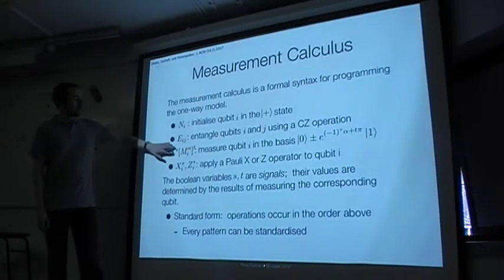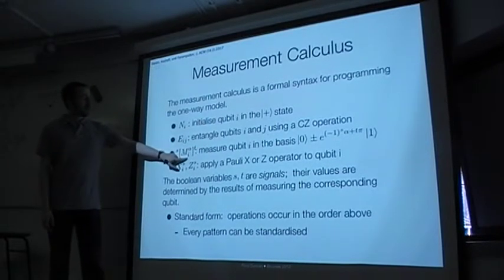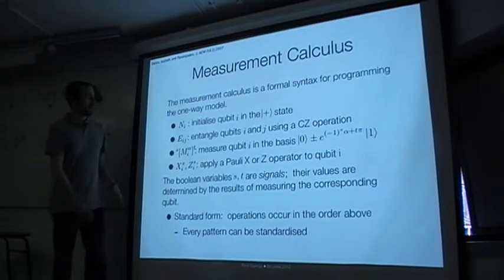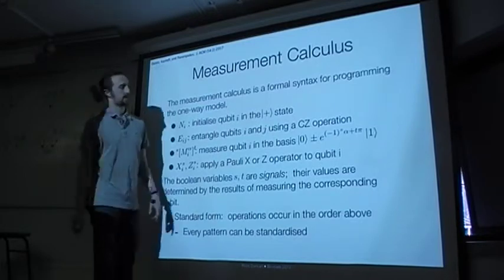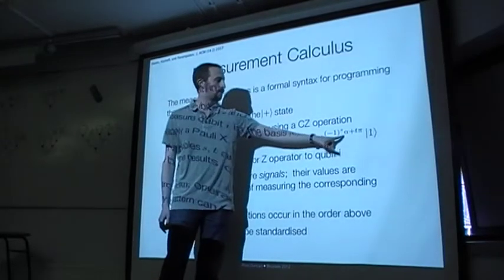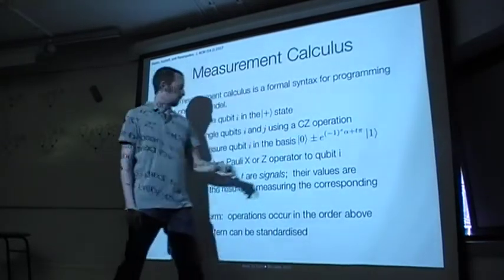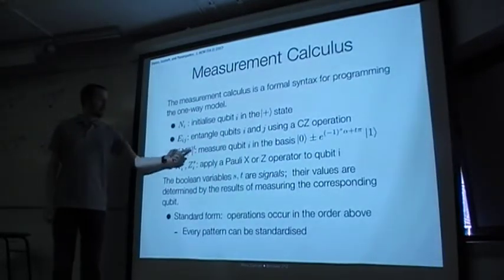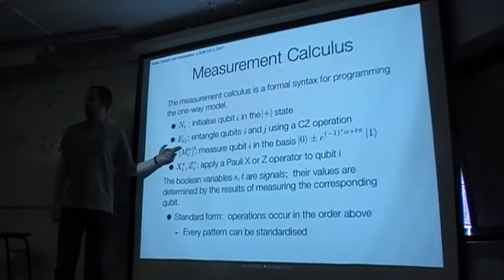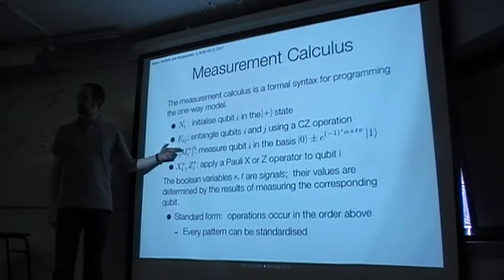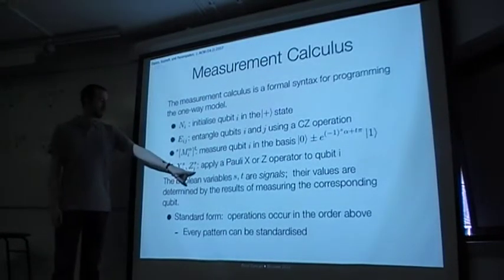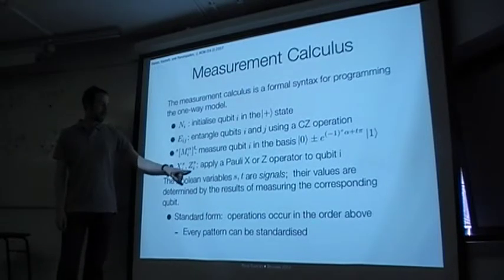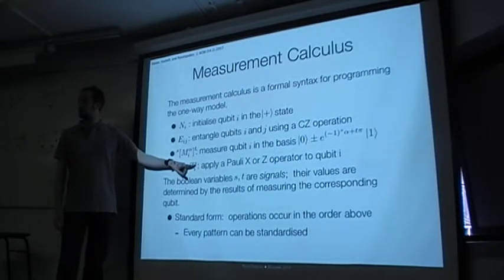Here we're going to measure qubit i with the angle alpha, and these two things, s and t, are classical flags, classical bits, that will modify this angle. The idea being that these encode the results of some earlier measurements. So this is how you take into account the earlier results in the later part of the program. And you can apply Paulis on qubit i dependent on s.